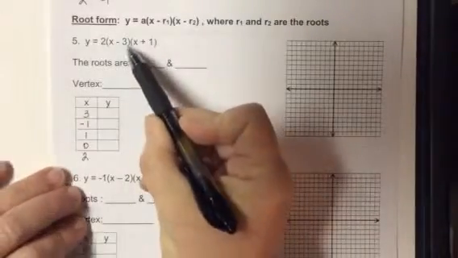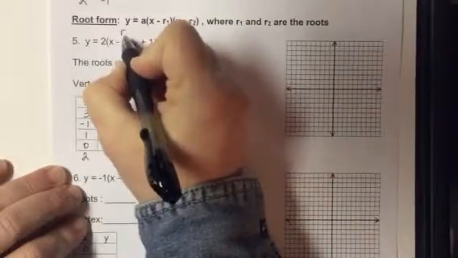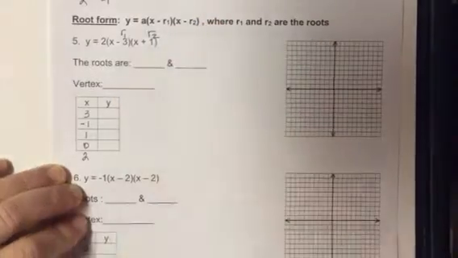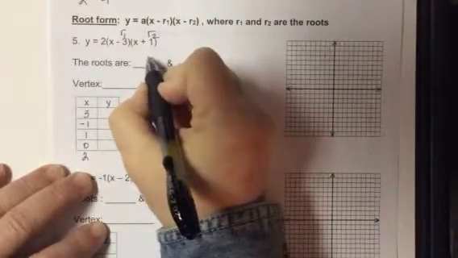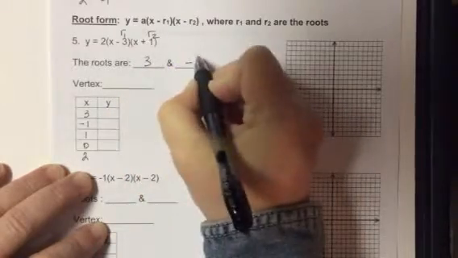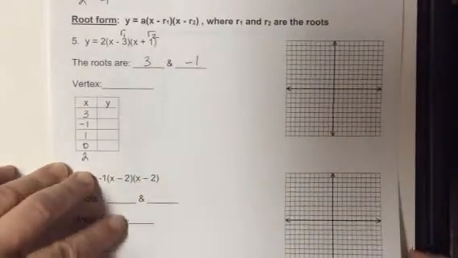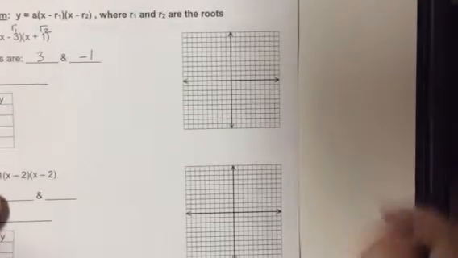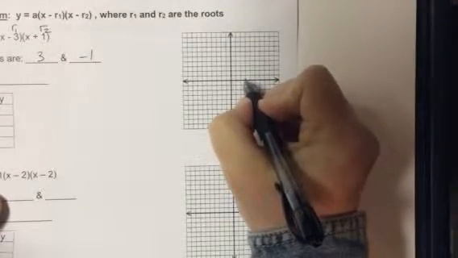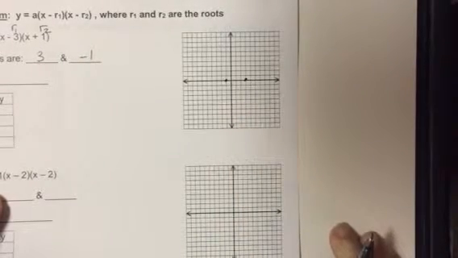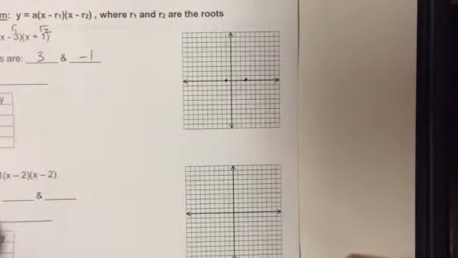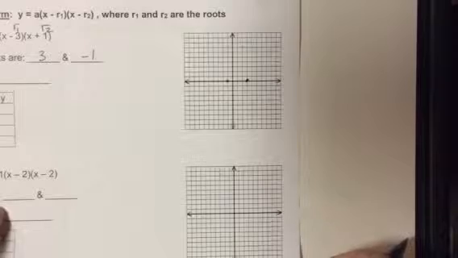So as we look here, this is going to be root 1, this is going to be root 2. So that we know our roots are 3 and -1, and so we can plot those points immediately. Here is positive 3, 0 and -1, 0. Those are roots, and so we still need to find some other significant points.